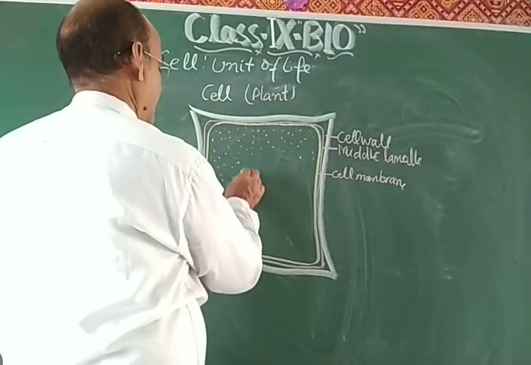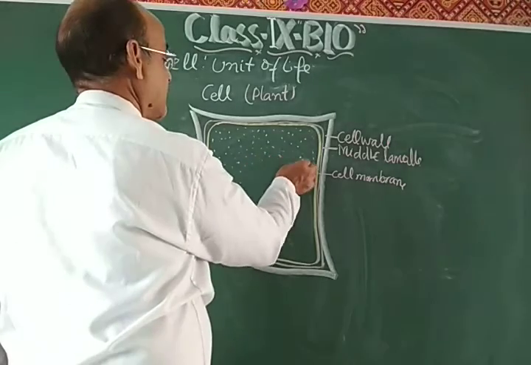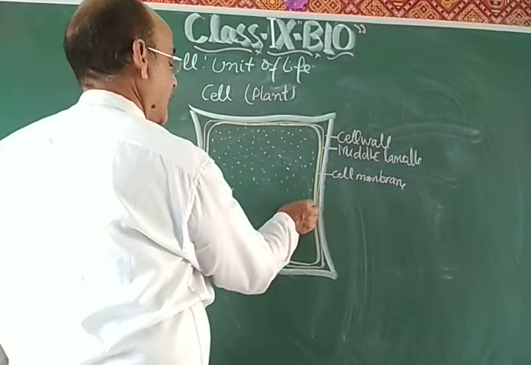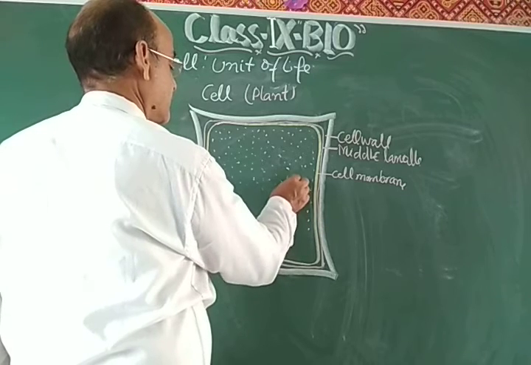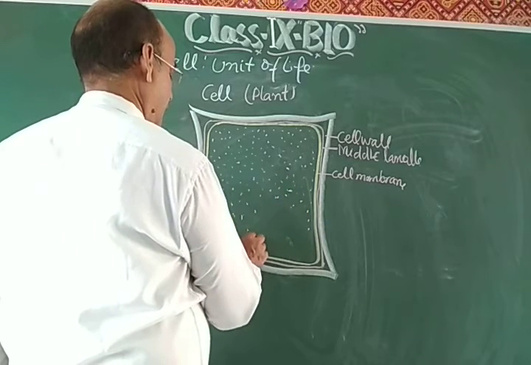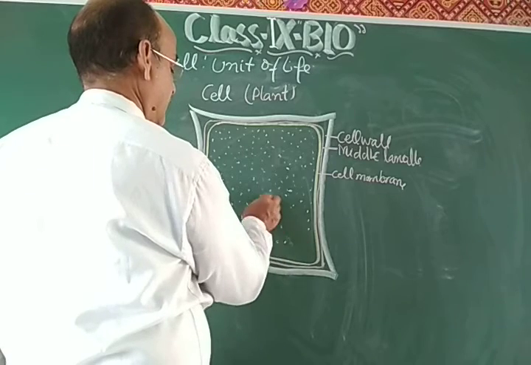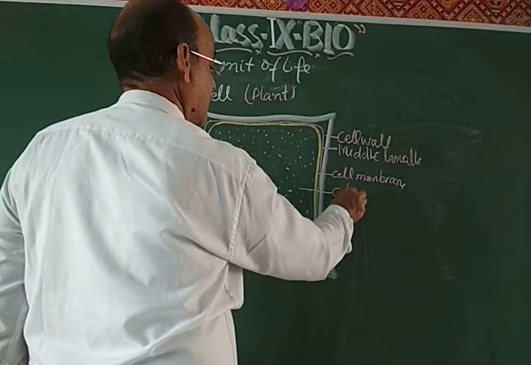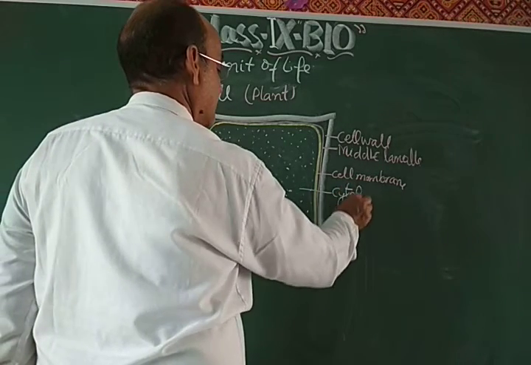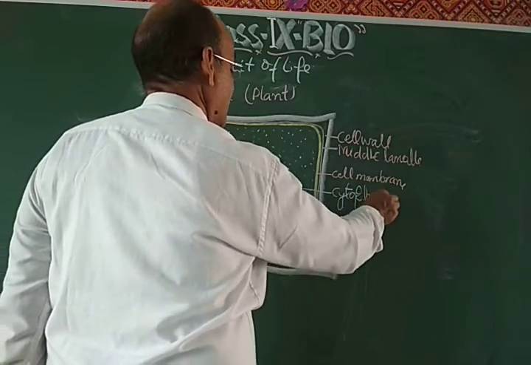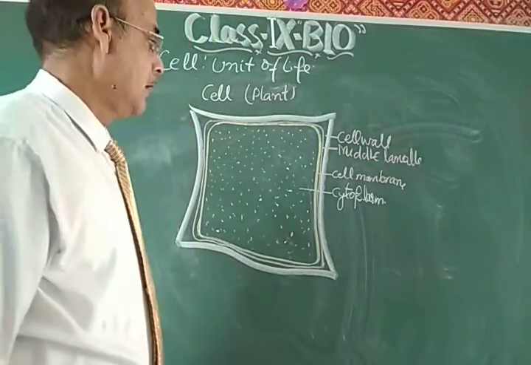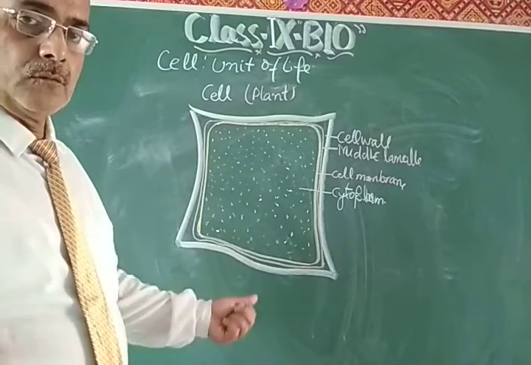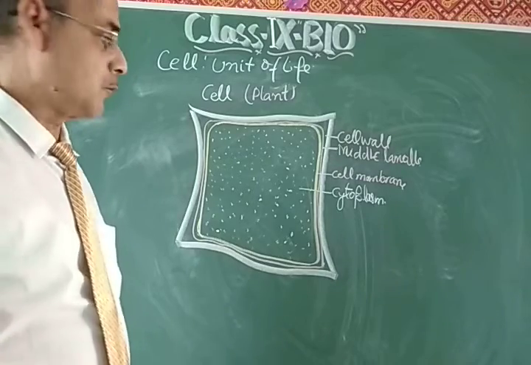The materials are of 5 types, and the names are solid, liquid, gas, plasma and BEC. Okay, so this is the cytoplasm. Cytoplasm means plasma inside the cell. Dear student, we will discuss the cytoplasm in detail when you study the protoplasm and cytoplasm.